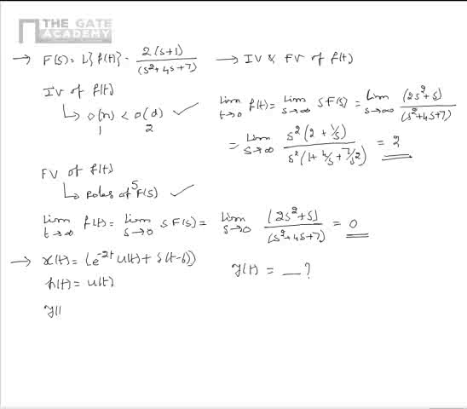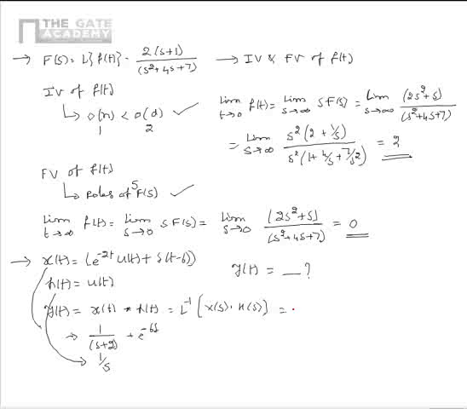We know that the output y of t of the LTI system is given as x of t convolved with h of t, which is equal to L inverse of x of s multiplied by h of s. We know that x of s is the Laplace transform of x of t, which can be written as 1 by s plus 2 plus e power minus 6s, and h of s is equal to Laplace transform of h of t is equal to 1 by s.